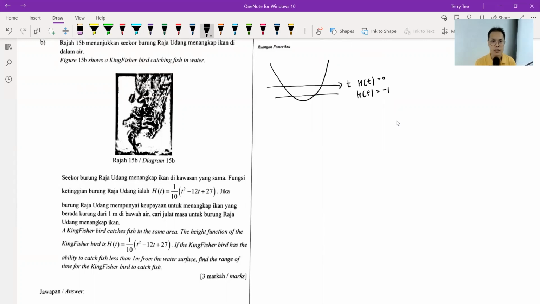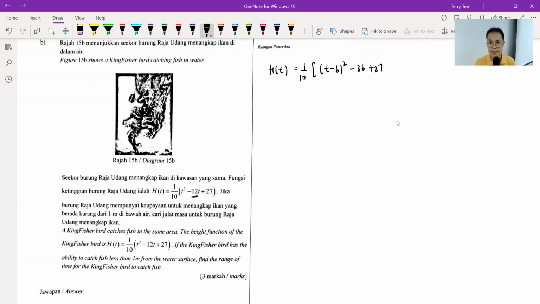But to confirm this, I think the best way to do it is to complete the square. So I'm going to take this h(t) and complete the square. Let's take half of -12. This is -6. You square it, then you minus 36. Then you add 27. This is 1/10 times ((t minus 6) squared minus 9).